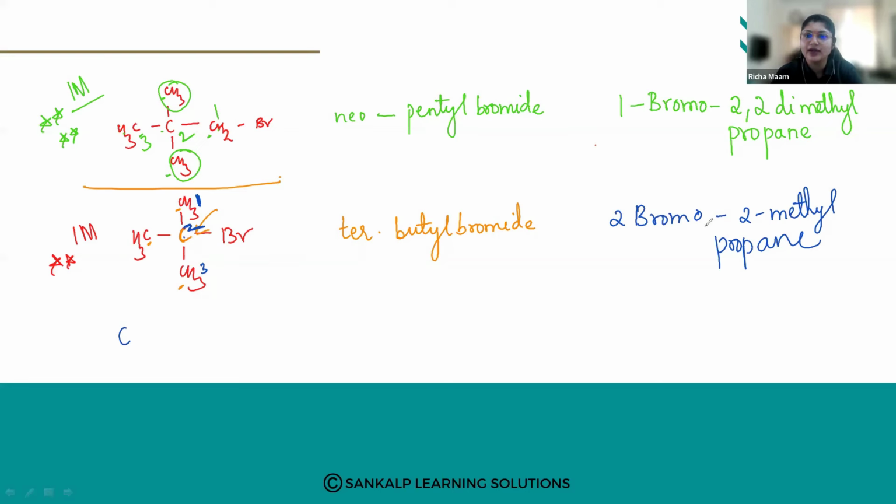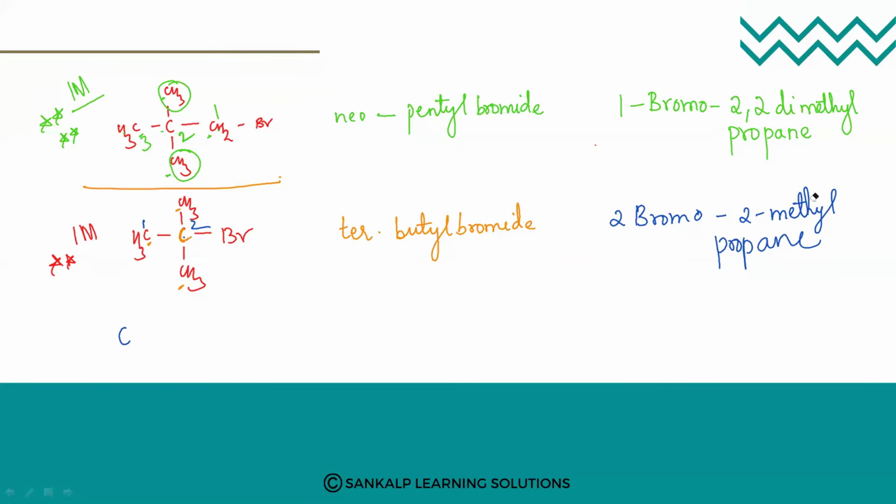So butyl bromide. Now when we are writing this, we have to see the longest carbon atom chain. If I take these two and number it, it will be only 1 and 2. And always the longest chain will be like this, it will not go like this. The number of carbon atoms should be maximum in the parent chain.